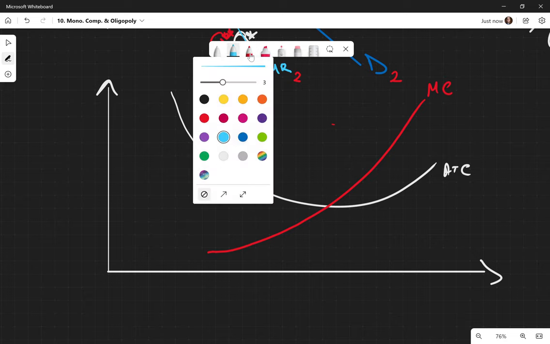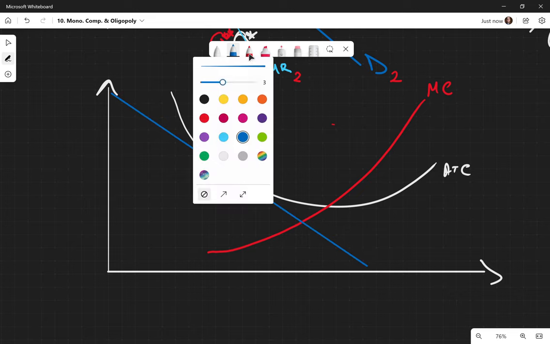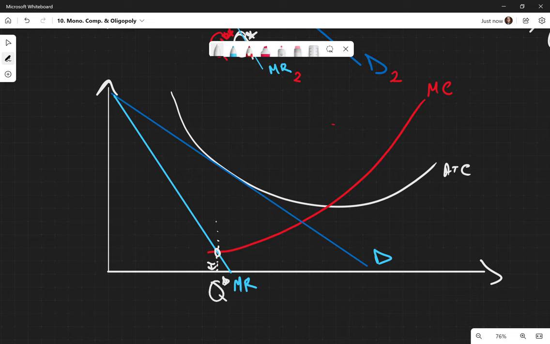Eventually, we will get to a point where our demand curve is exactly touching our average total cost curve, right, where the marginal cost crosses the marginal revenue curve. So there's going to be entry and exit up until that point, and again, we drop an anchor, Q star, we go up to the demand, we find our P star.